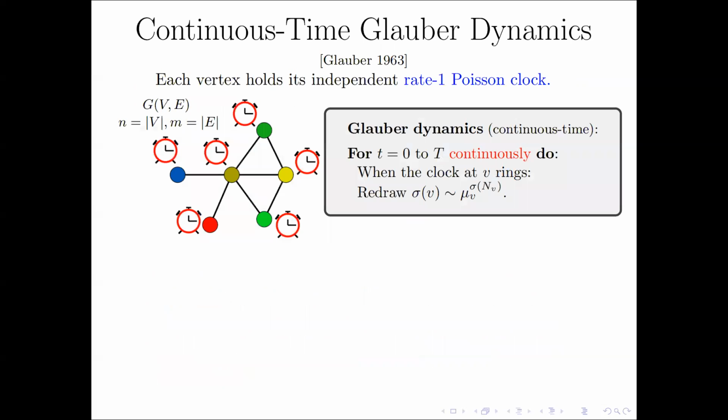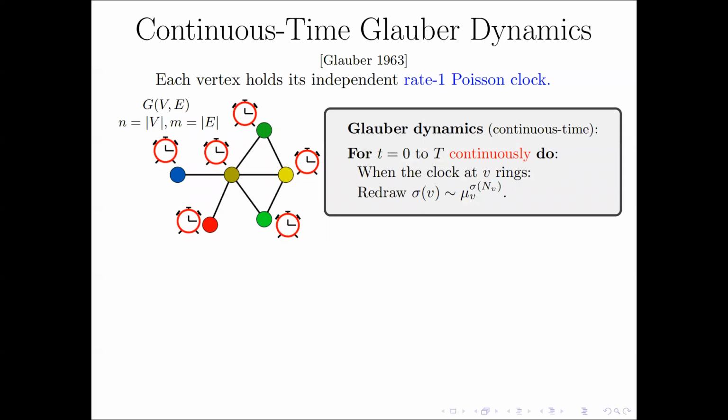The sequential Glauber dynamics actually comes from a continuous time version proposed by Glauber in 1963. In the continuous time process, each vertex holds its own independent rate 1 Poisson clock.